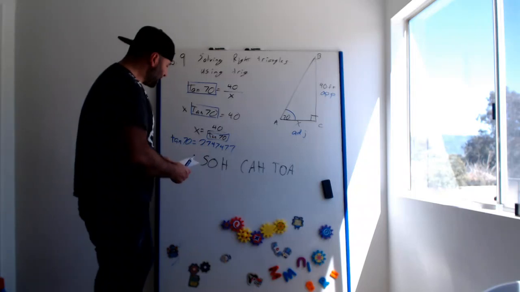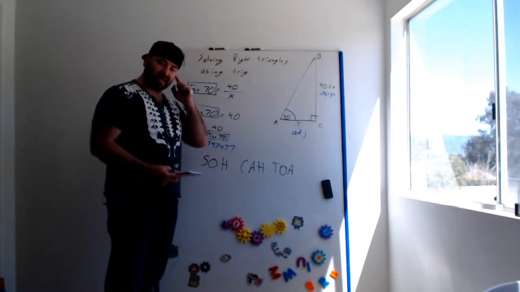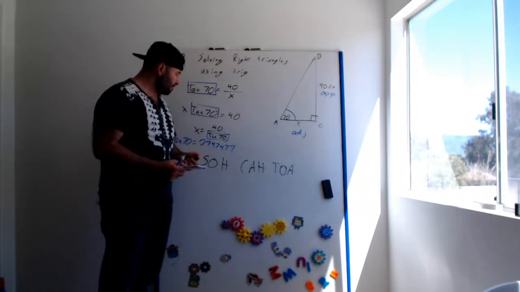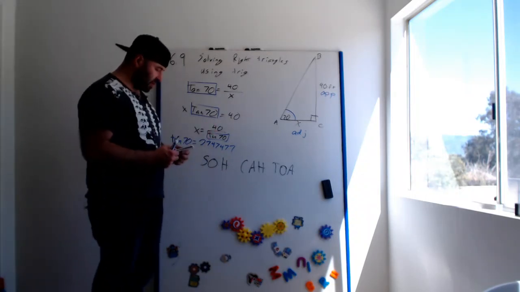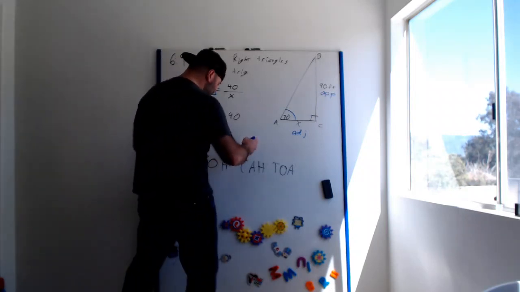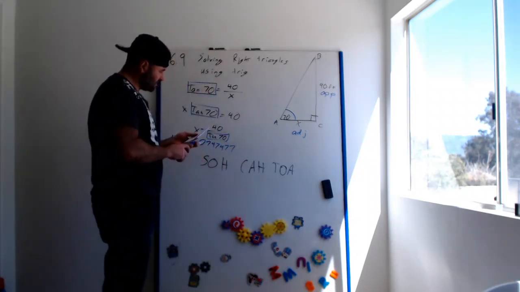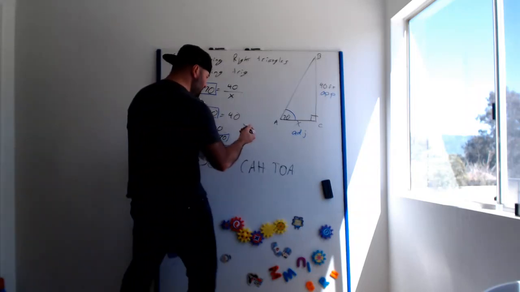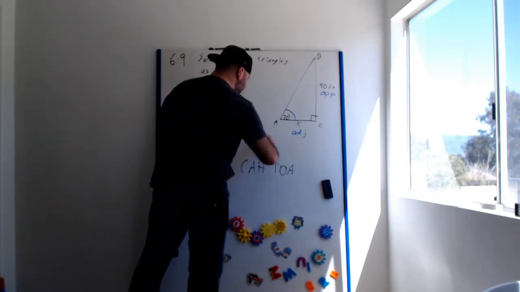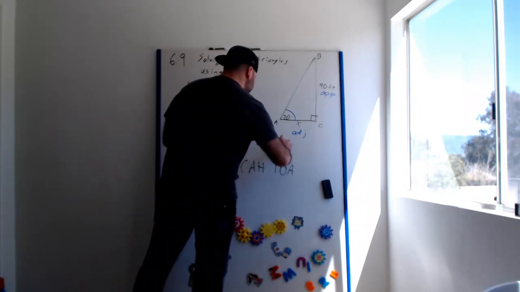You want to use as many digits as you can so that you get an accurate answer. If you input this information, you would end up with x being equal to 14.6 feet.